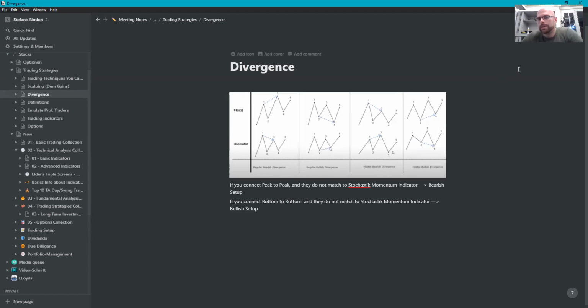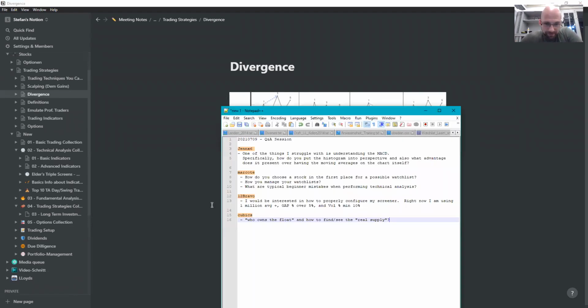You need to check that out if you want to use the MACD, the stochastics or the RSI to their full potential, because these divergences will also indicate a possible reversal area. Okay, I think that's it for this part.